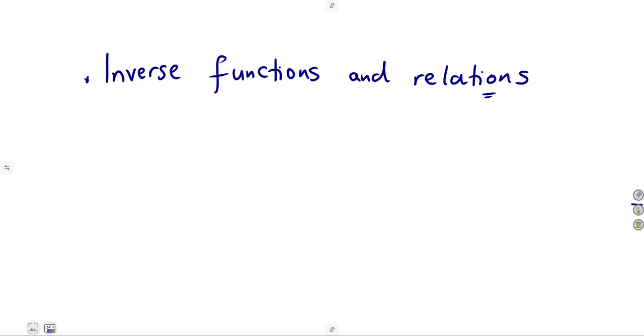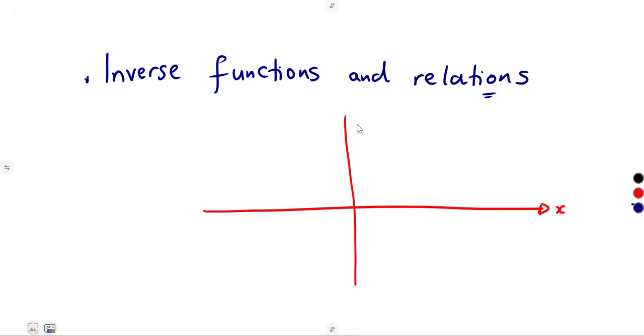So those functions and relations have their inverses, which are a reverse of the original function. An inverse of a function occurs on the condition that the graph we're talking about has been reflected in the line y = x as our mirror line, the line y = x passing through the origin.